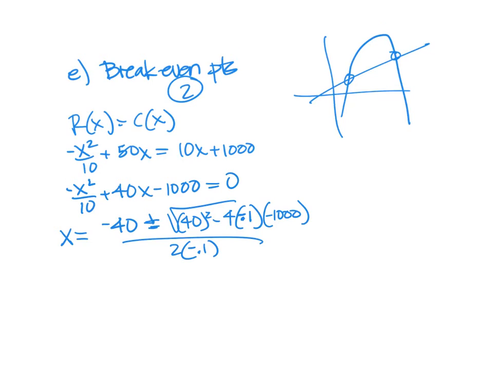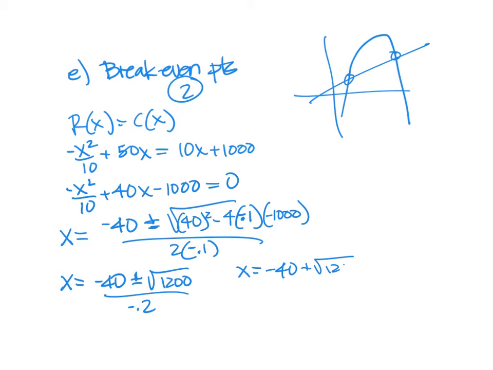We end up with two different answers because we're going to have negative 40 plus minus the square root of 1,200, divided by negative 0.2. That's what we get when we do all that simplifying. Now, we have to realize that we have two solutions.